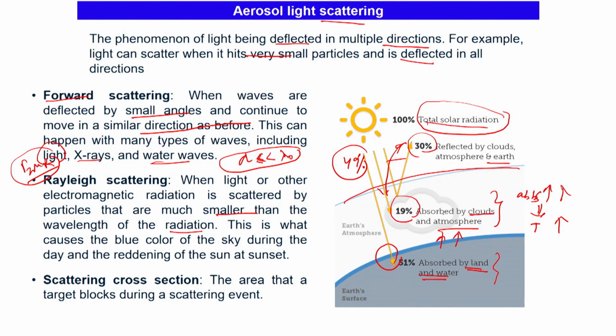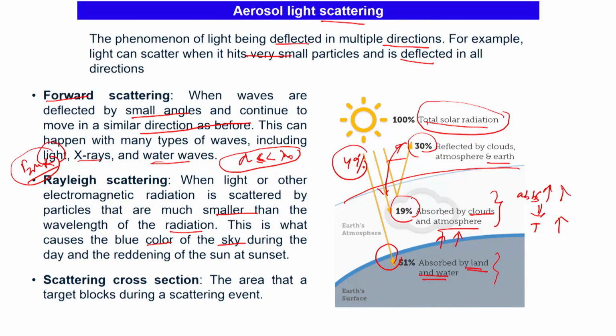This is Rayleigh scattering, and it is what causes the blue sky during the day and the reddening of the sun's rays at sunset. It is caused by smaller particles whose size is much smaller than the wavelength of the incoming solar radiation.